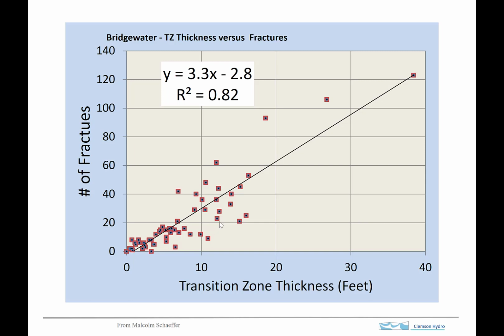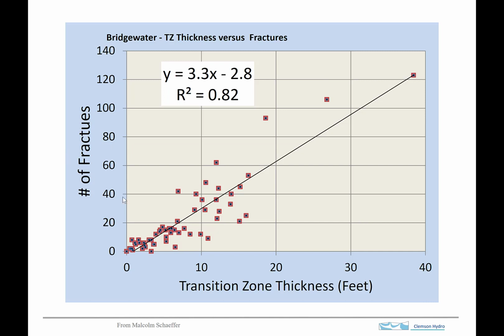So you can see that all but 3 of the sites have a transition zone that is about 16 feet or so, or less. So 16 feet, maybe, let's say 5 meters, that would be a good estimate for the thickness of the transition zone that would work fairly well, except for these sites here, where there would be exceptions.